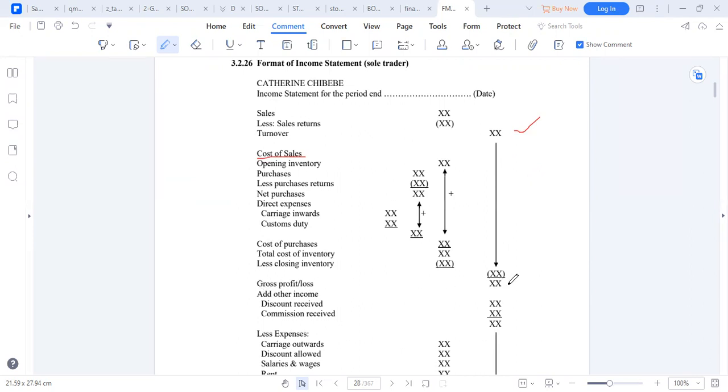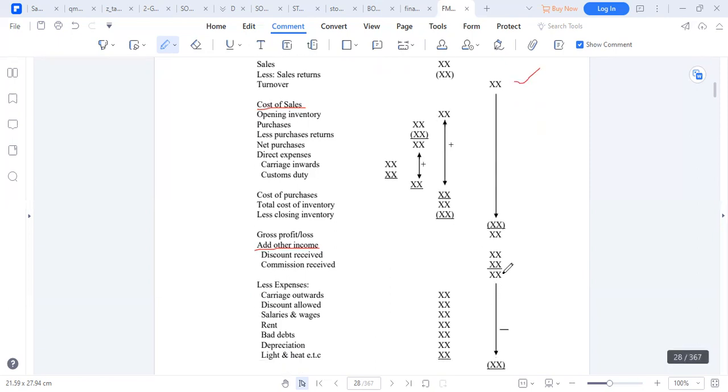This is where it's ideally supposed to end, but it will not end there. There could be other incomes that can be added to the gross profit. For instance, discount received is a gain, you can add it to the gross profit. Commission received, you can add it there. Or a reduction in bad debts, you can add them there. These are now what we call our new gross profit.